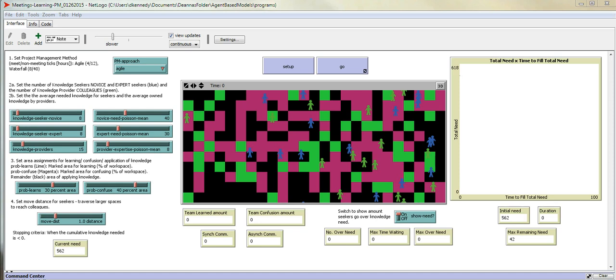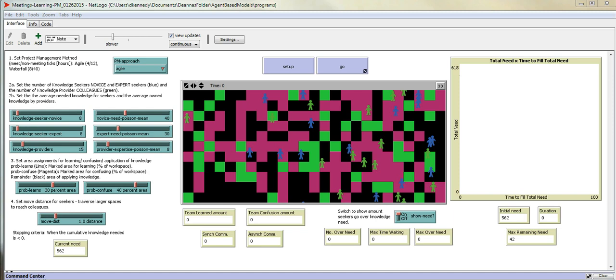We're going to track how much they learn and how much they become confused. During meeting phases, if the seekers and providers are in contact, that is represented as synchronous communication, which sends the full amount provided from the colleague to the seeker.